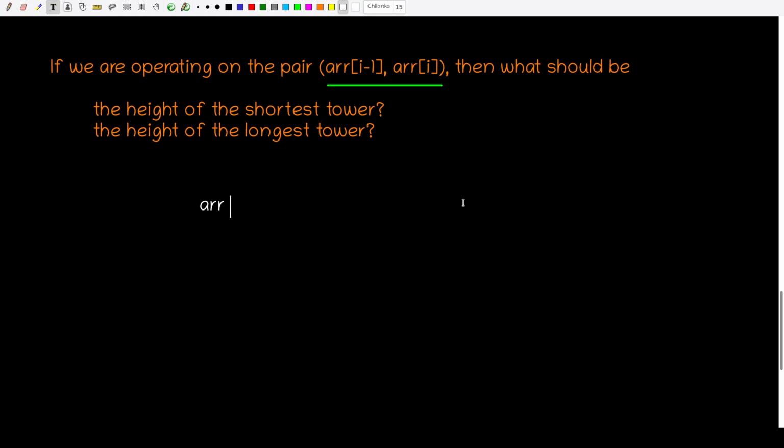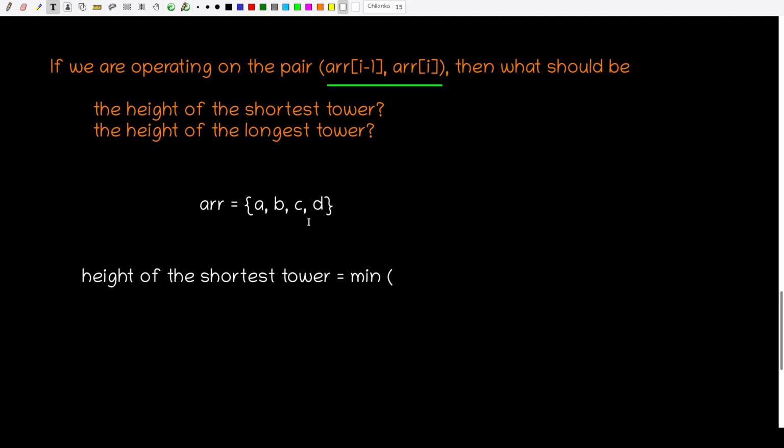Let us say this is the array which is given to us, and the array is already sorted, and the elements of the array are A, B, C and D, some arbitrary elements. The height of the shortest tower will be given by the minimum of, within this array, what is the smallest tower we have?